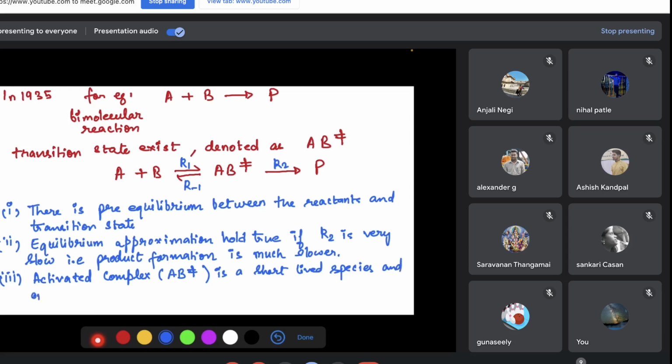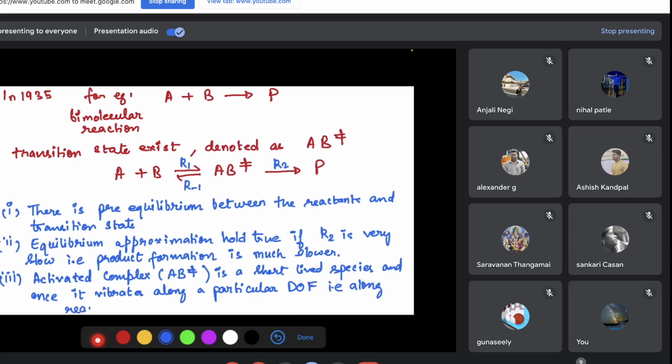And along a particular degree of freedom, that is along what direction?